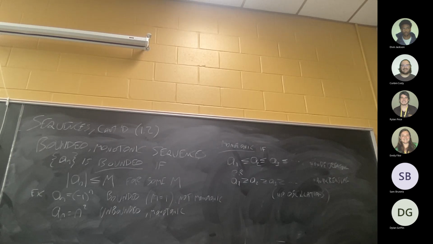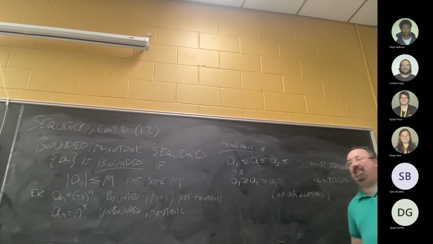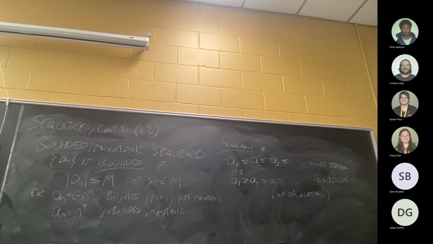If it's like a wave, that may be bounded if the wave has a limited amplitude, but it's definitely not monotonic. Yes, sine and cosine are bounded and not monotonic.